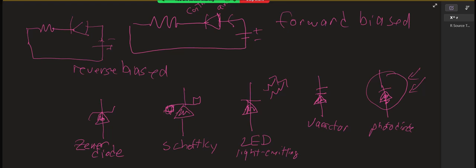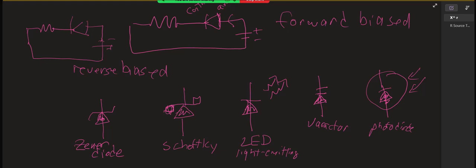So I'm going to take a picture of the pages that describe these different types of diodes. I have a PDF of the textbook for this class, but I don't want to send the whole thing. I don't know how many of you have a PDF.